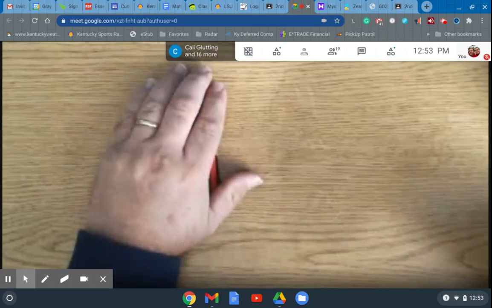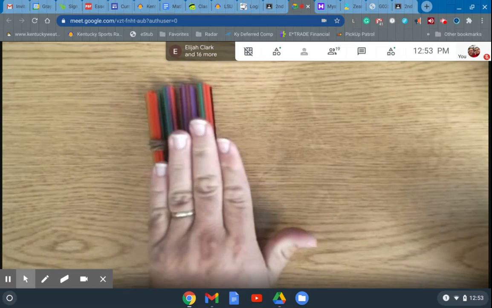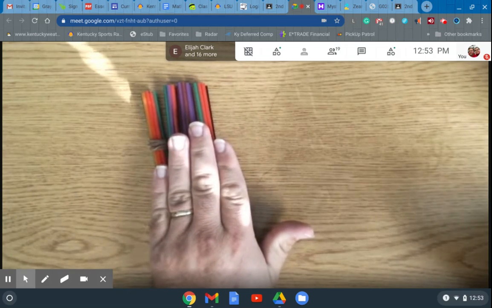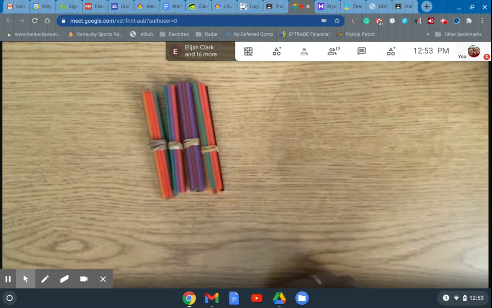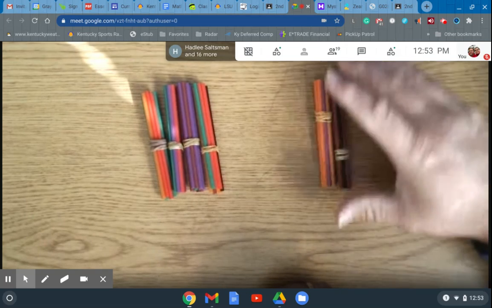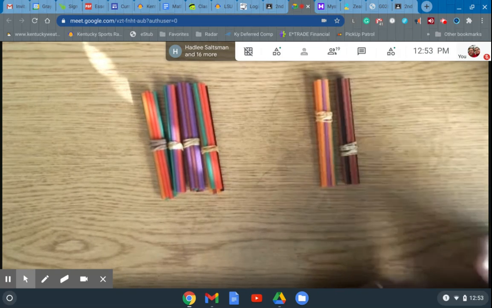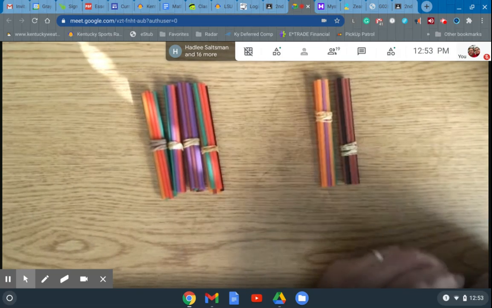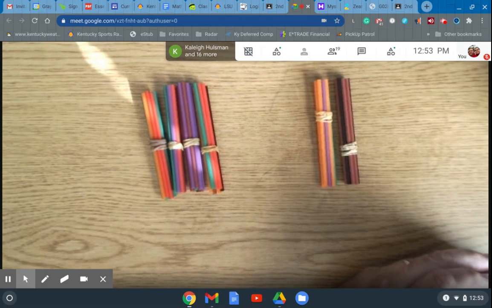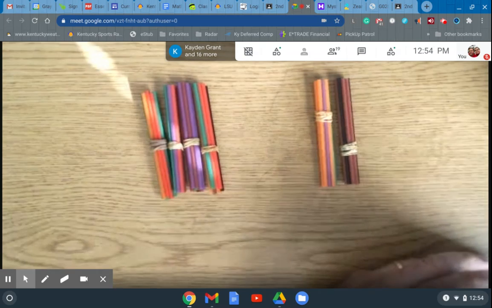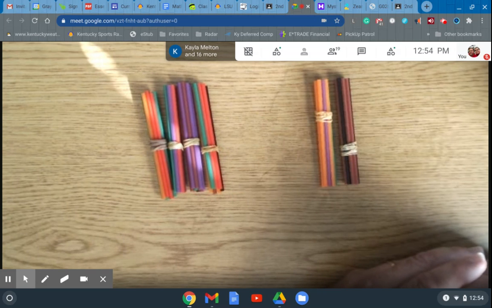All right. Great job. So I've got this 40 here. Now I'm going to push your brain a little bit. I'm going to add 2 tens. All right, enough of adding ones all the time. Let's add 2 tens. What's it going to look like when I push them together?